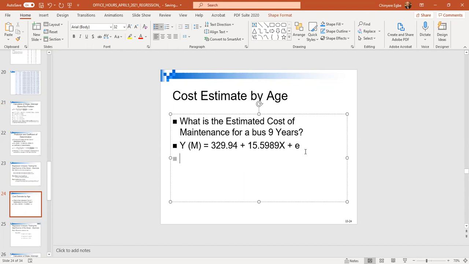All right. So in that case, maintenance M is equal to 329.94 plus 15.5989 times 9. Can somebody give me the answer to that?